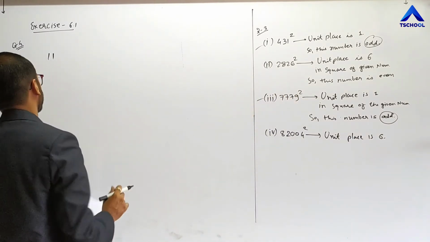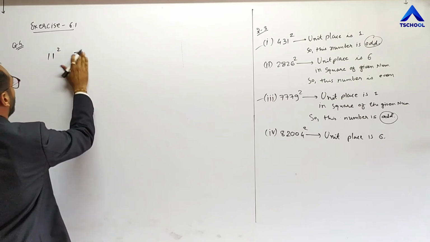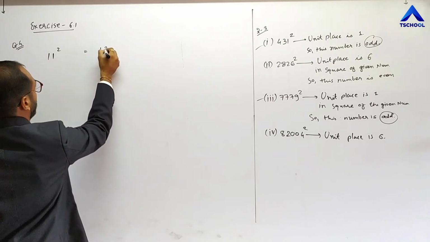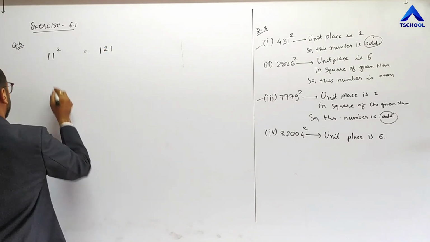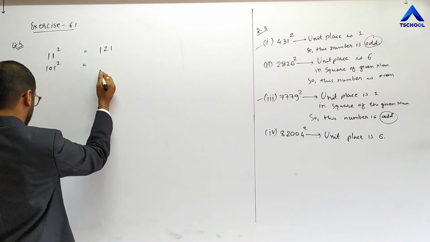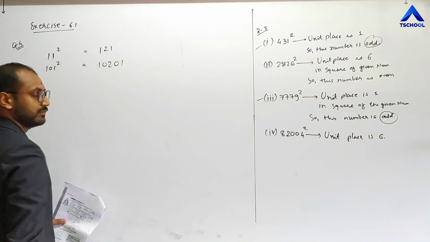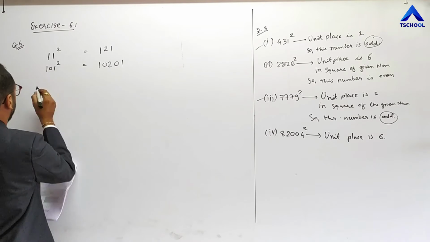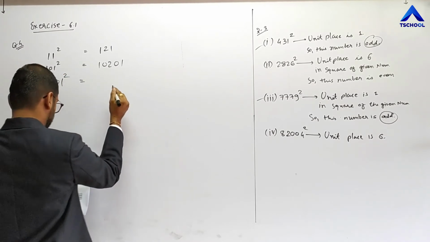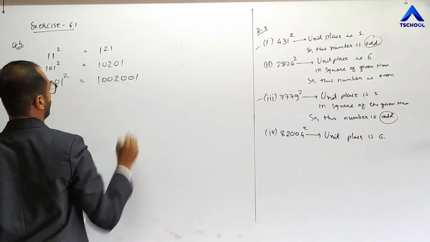So 11 squared is 121. Then 101 squared is 10201. 1001 squared is 1002001.